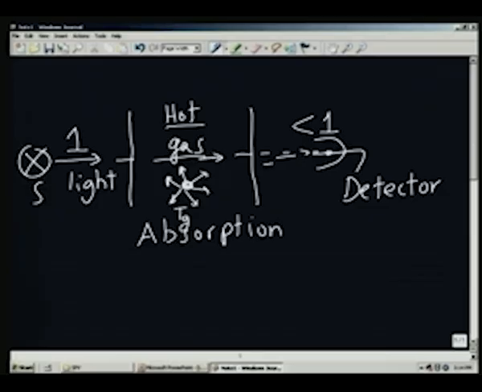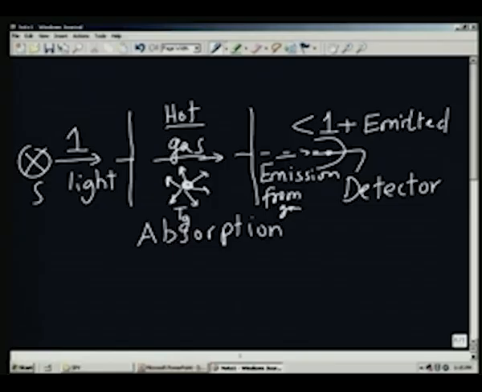So, we will say emission from the gas. So, plus that less than 1, because the light which is leaving the source here is reduced because of the passage through the gas, but plus emitted.